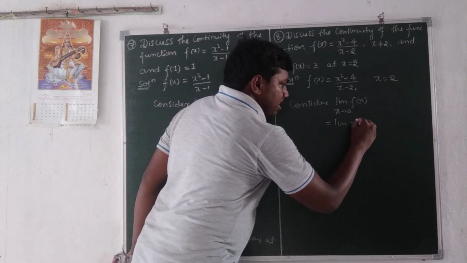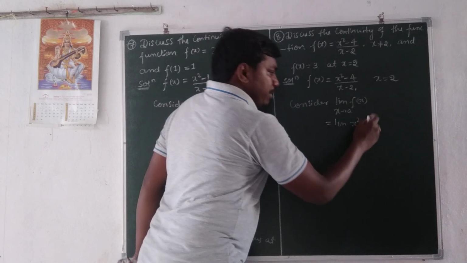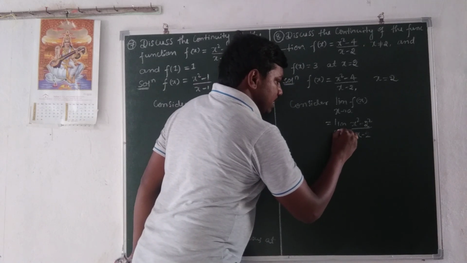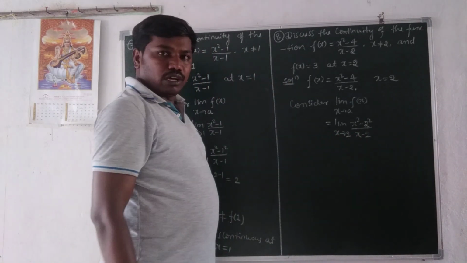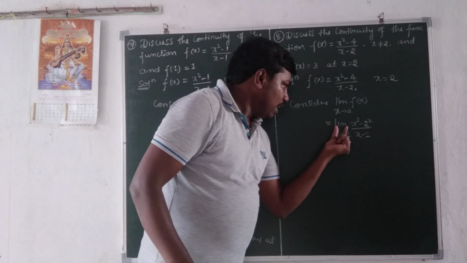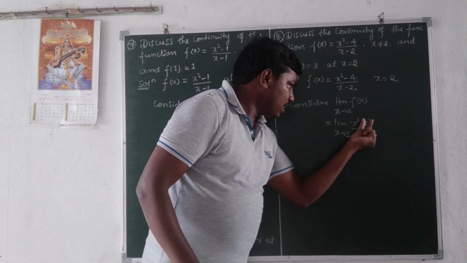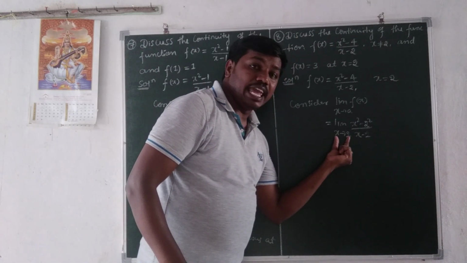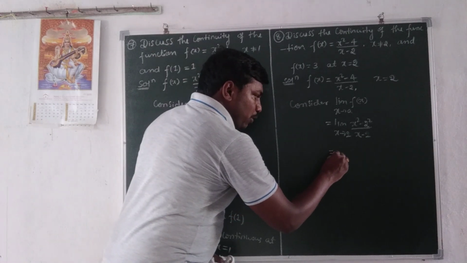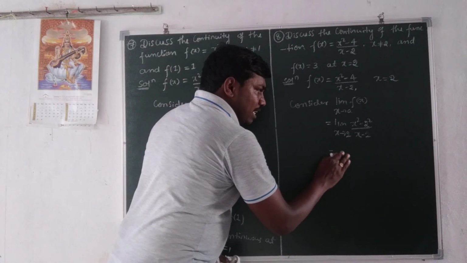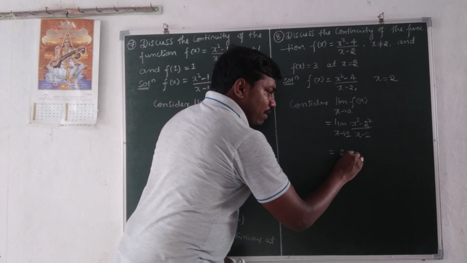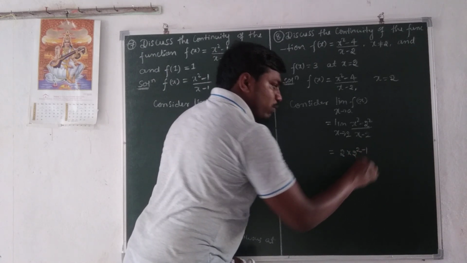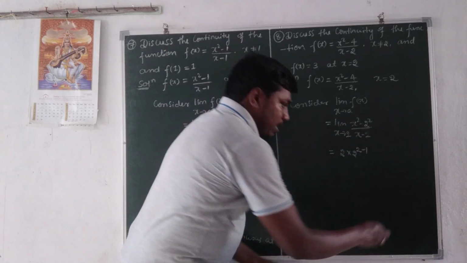X square minus 4 can be written as x square minus 2 square divided by x minus 2 as x tends to 2. Which limit is applied? The standard limit is applied.